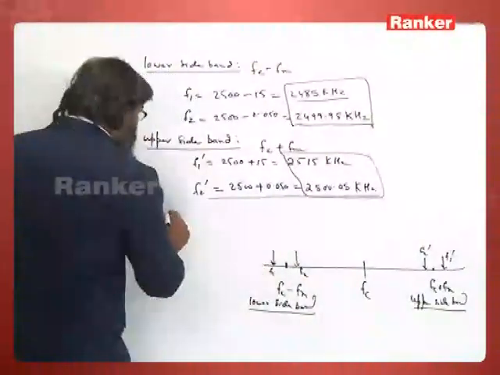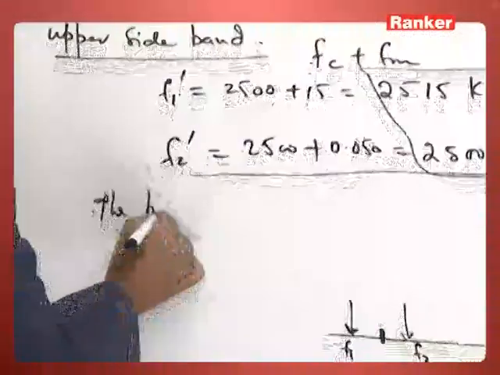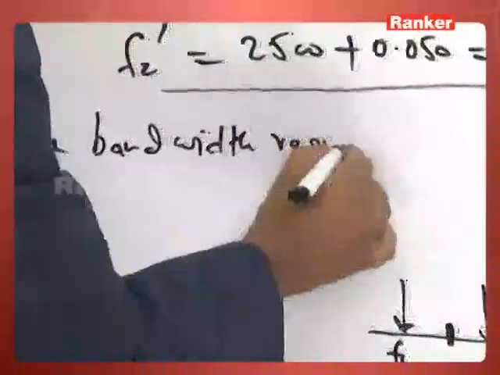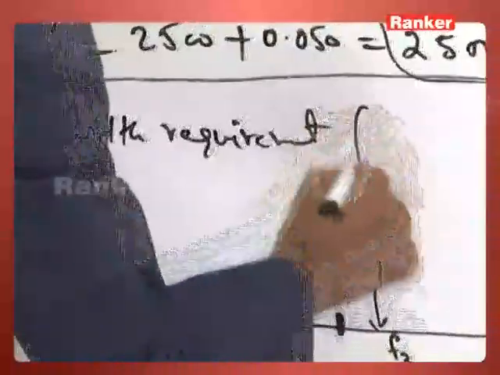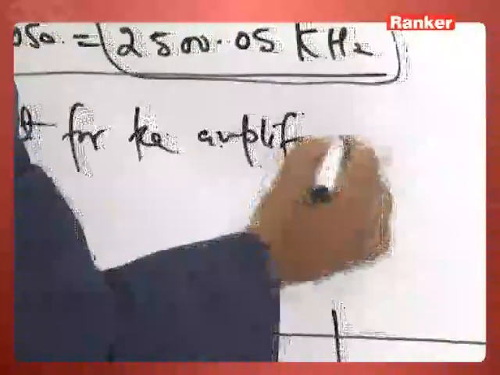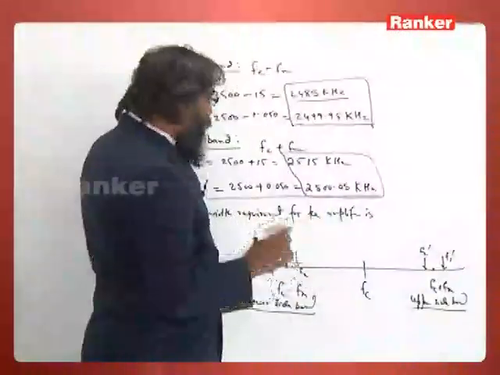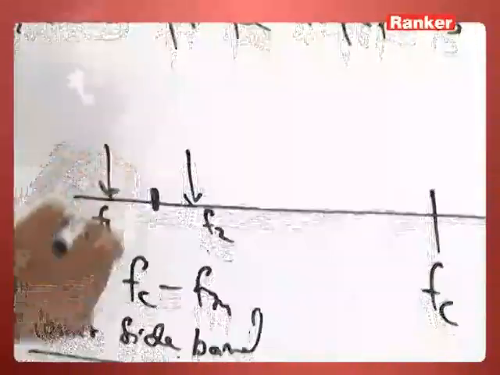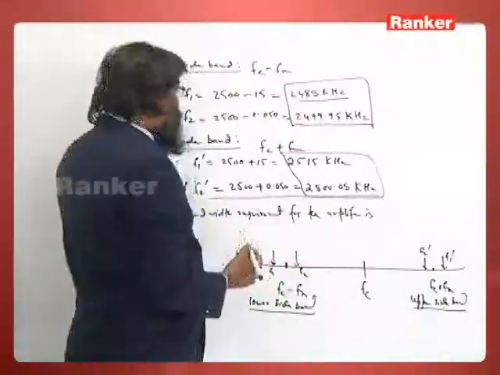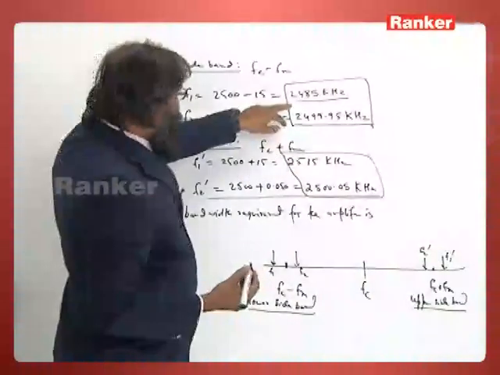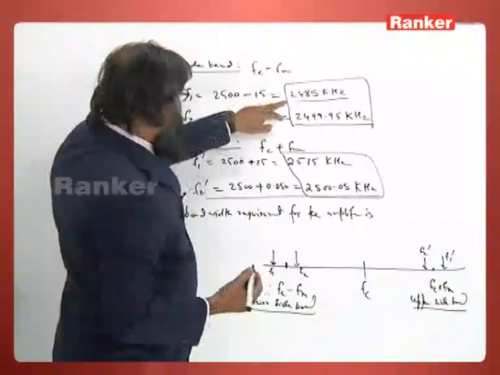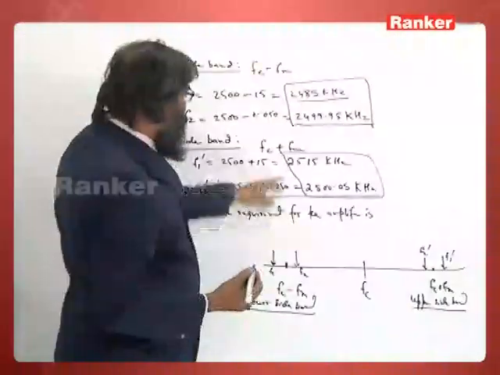So the bandwidth requirement for the amplifier is, you see, the amplifier must be able to pick up this F1 and F1 dash. That is, F1 is this, F1 already I have written minus 15, this and this.